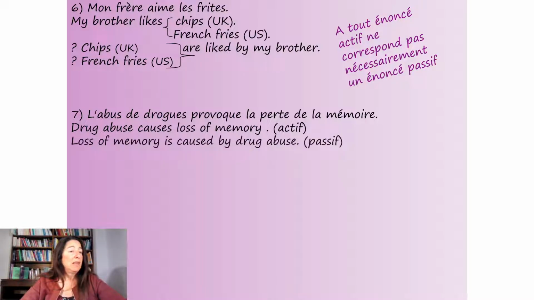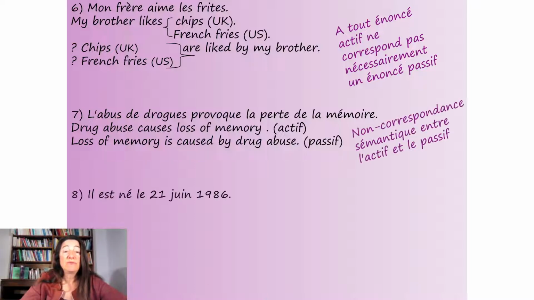That would be loss of memory is caused by drug abuse. And we can see that obviously it doesn't have the same meaning at all as the active voice sentence. It's not two different ways of presenting the same idea. It's just two sentences which have a different meaning.